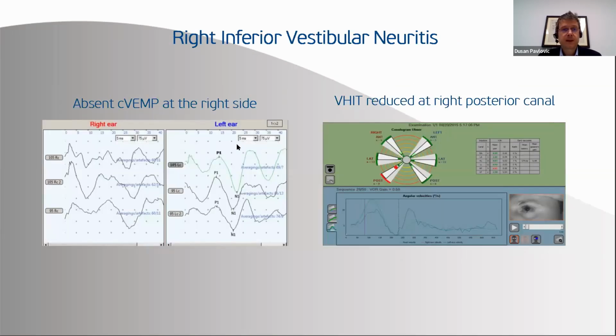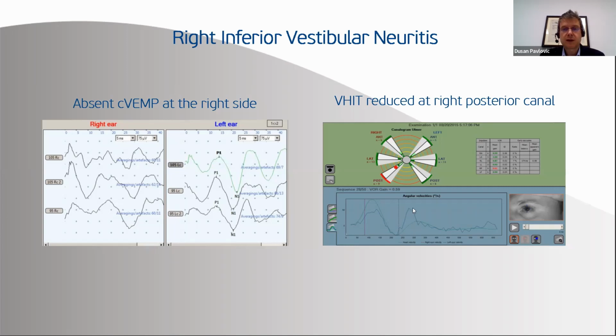Here are the results of a CVEMP. No response at the right ear, but a very good and normal response on the left side. Also, as we can measure the function of all 6 semicircular canals by VHIT, we got reduced VOR gain at the right posterior canal.